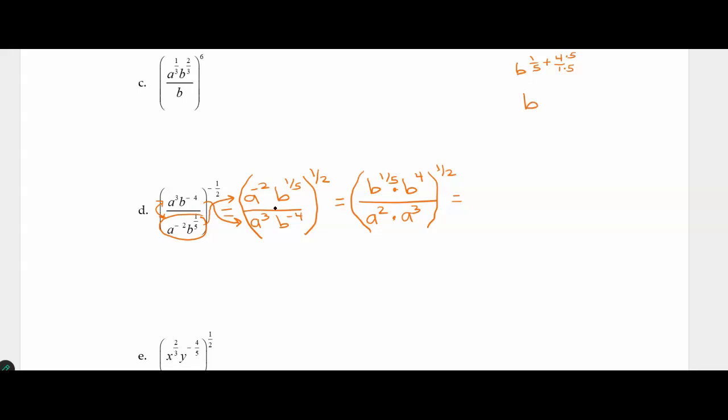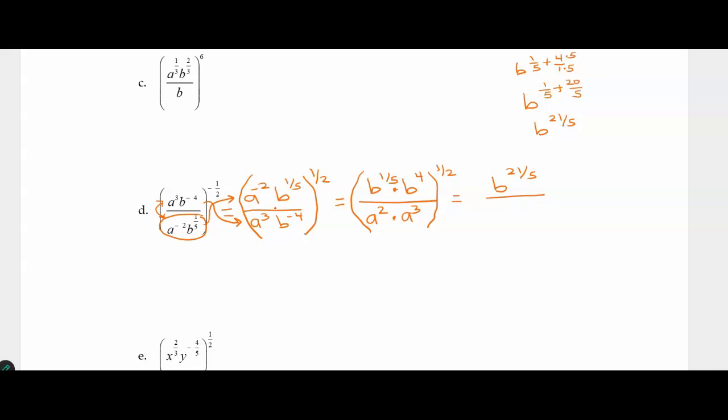So I have b to the 1/5 plus 20/5. And now that both of those have the same denominator, I can combine those to be b to the 21 over 5 power. All right, so that's what I have on the top here, b to the 21/5 power.